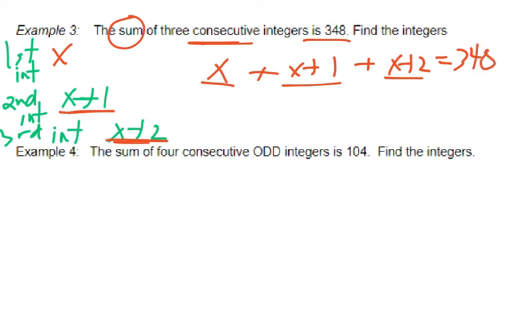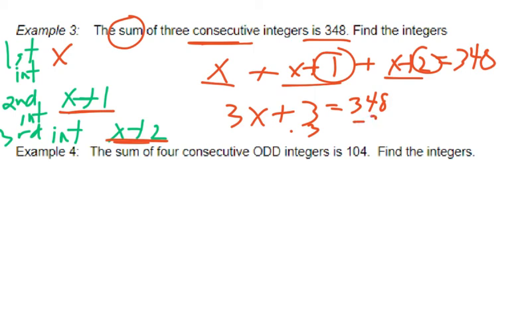And now the easy part, we solve, right? So we have 3 x's, 3x, other constants, plus 3, right, the 1 and the 2, equals 348. And again, you're just solving, so subtract 3, 3x equals 345, divide by 3, x equals 115, right?